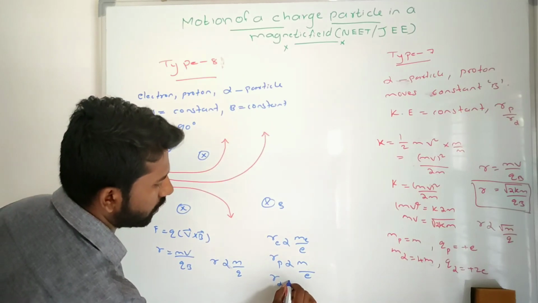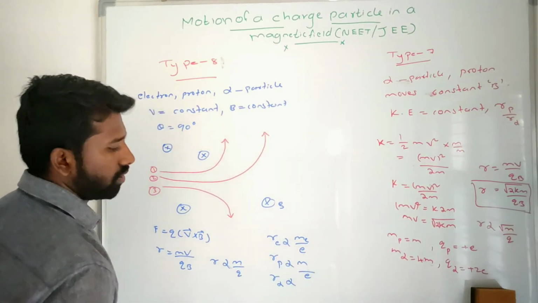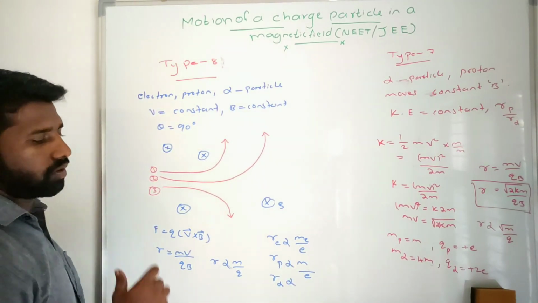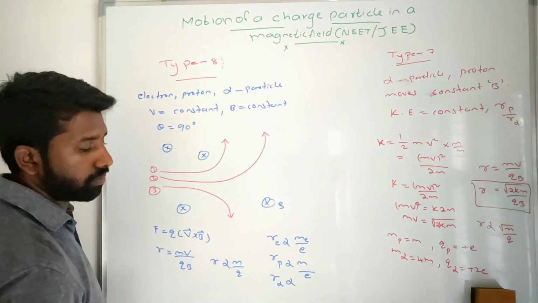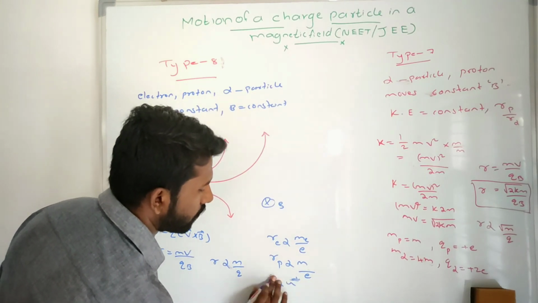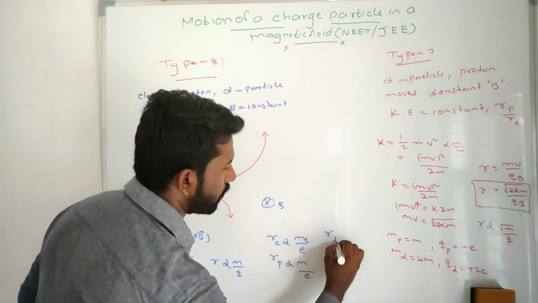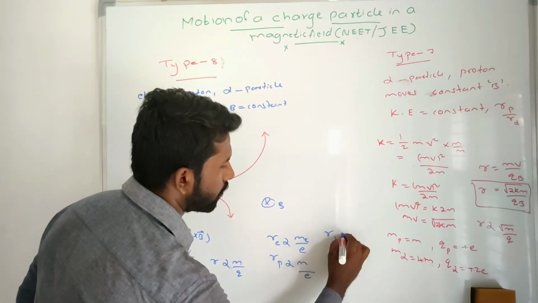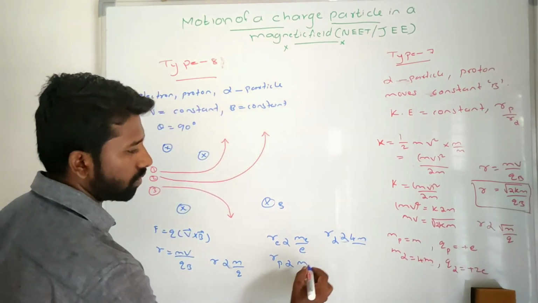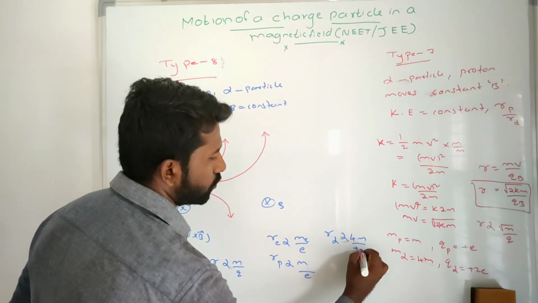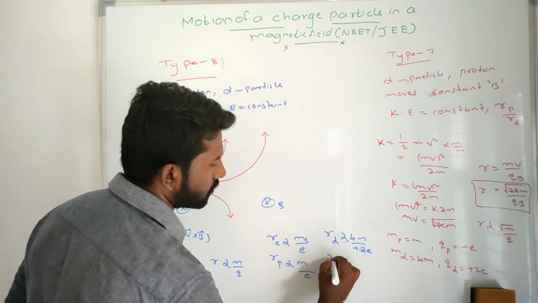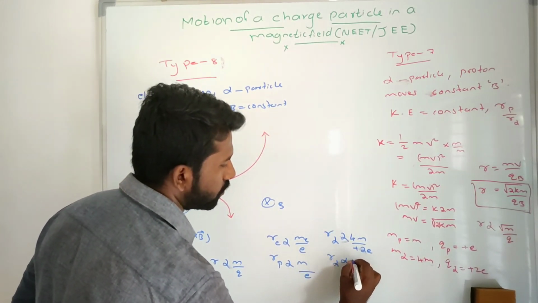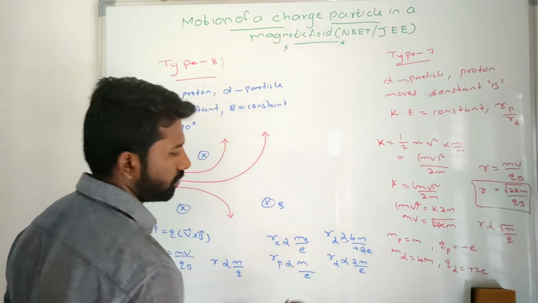What about the radius of the alpha particle? The alpha particle has 4 nucleons, and 1 nucleon mass is m. So R alpha is directly proportional to 4m divided by 2e, because there are 2 protons. This 2 and 4 are cancelled, so R alpha is directly proportional to 2m divided by e.